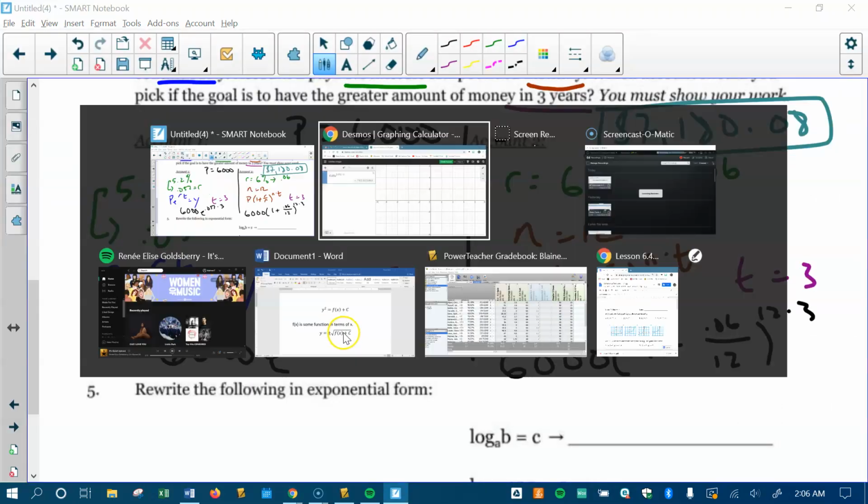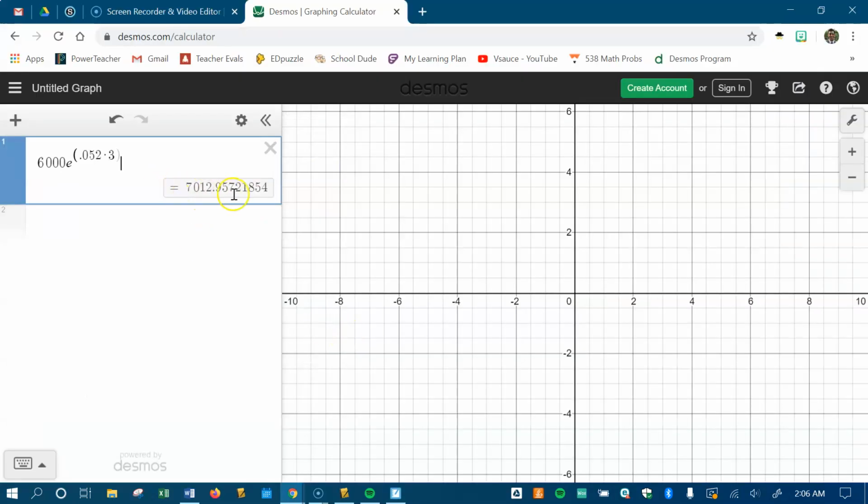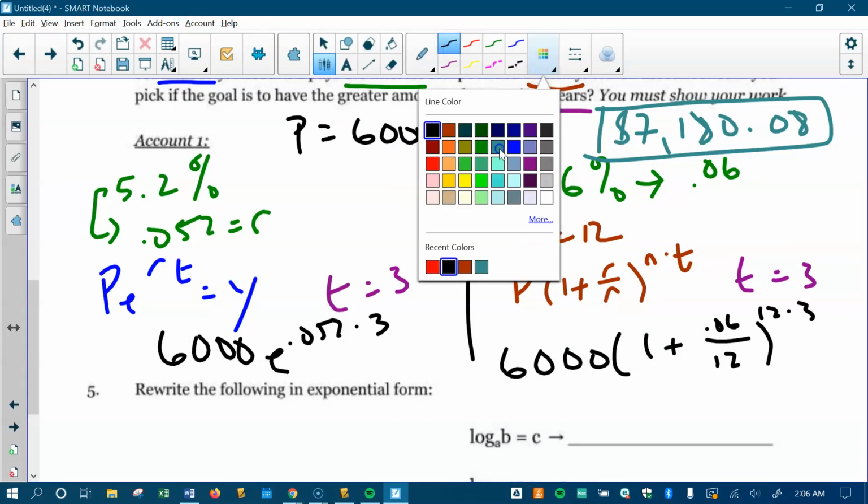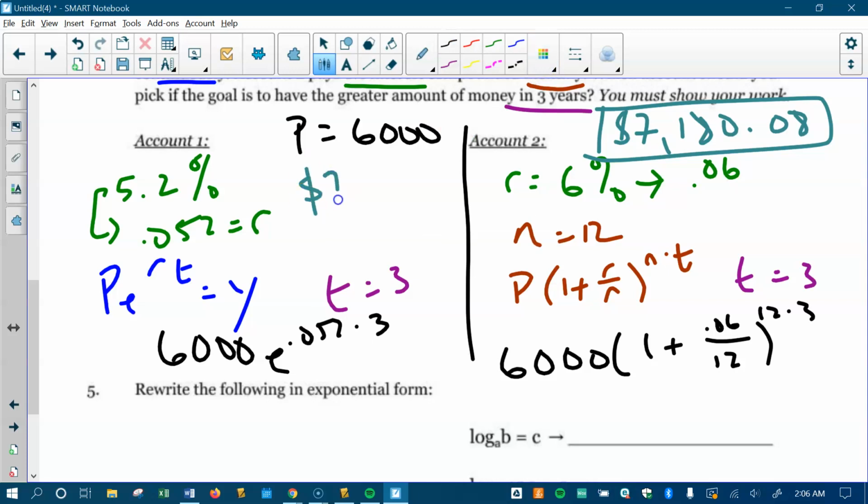Just make sure that's entered right. $7,012.96. Okay, and it looks like account number 2 wins.